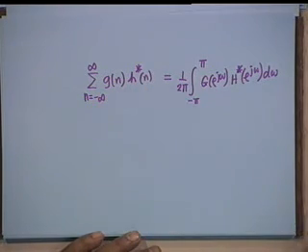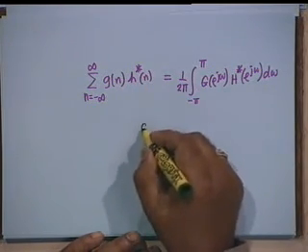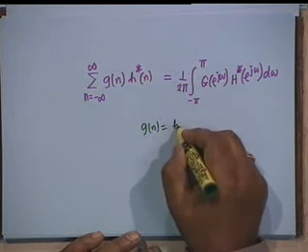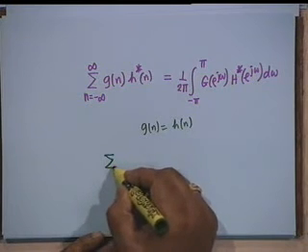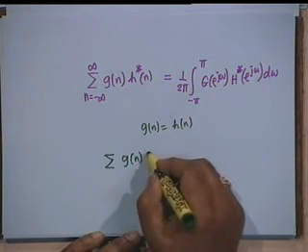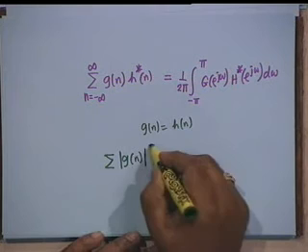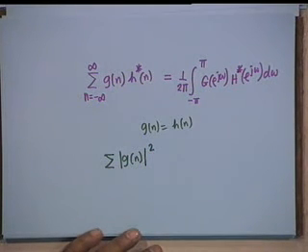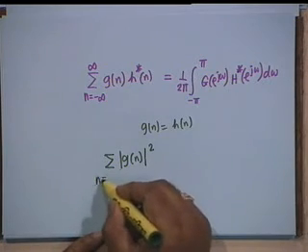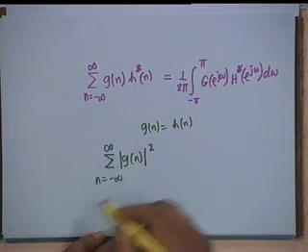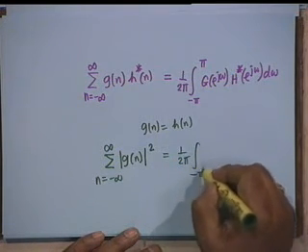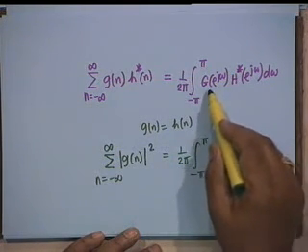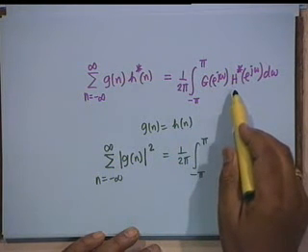Now, a special case of this is g of n equal to h of n. Then you see the left side becomes magnitude of g of n squared, g of n times g star of n, n equal to minus infinity to plus infinity, and this would be 1 over 2 pi integral minus pi to pi capital G multiplied by capital G star.